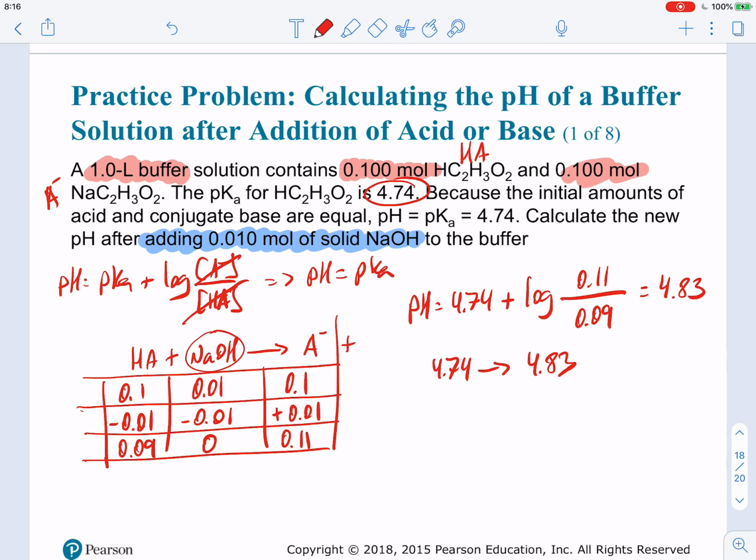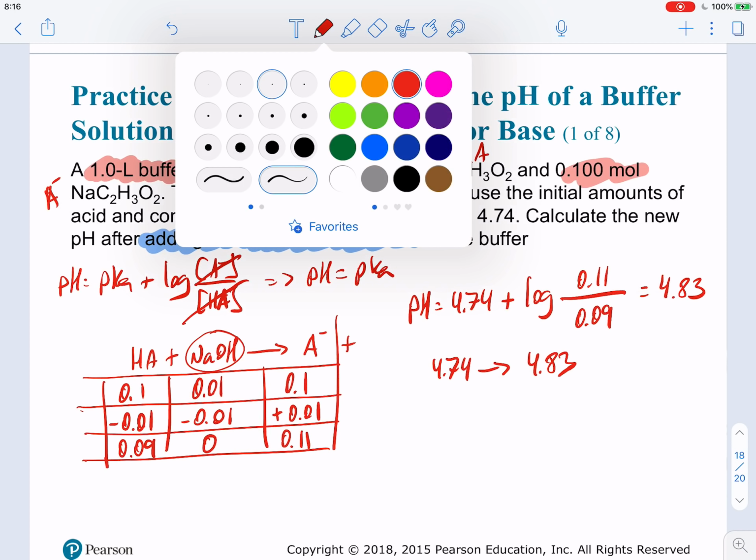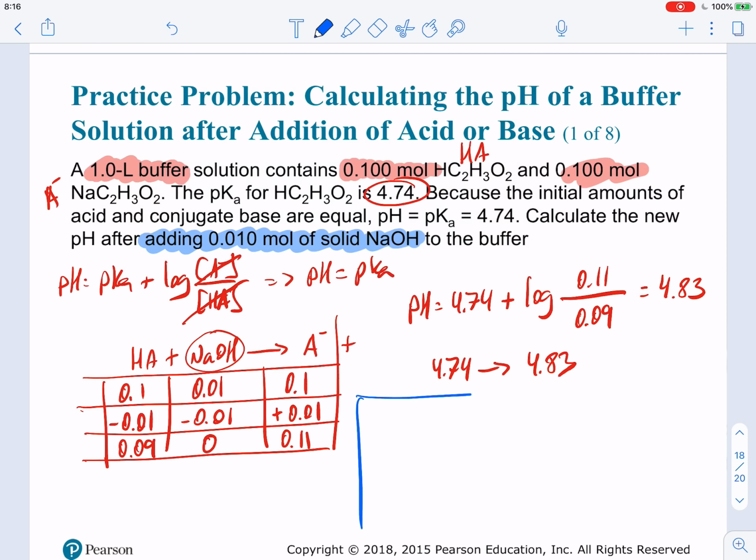Now, if you didn't have any buffer, if it was pure water, and let's create another box here. If it was pure water, okay, you have a volume of 1 liter.